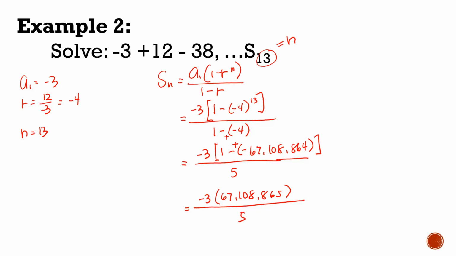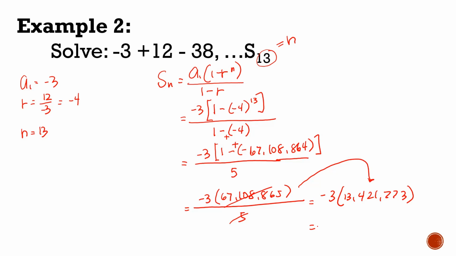divided by 5. And obviously that is divisible by 5. So we just need to divide 67,108,865 by 5. And this is equal to negative 3 times 13,421,773.